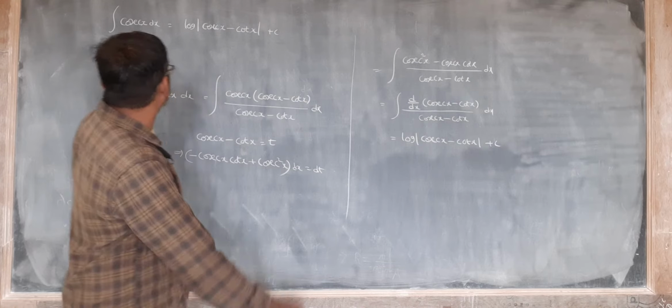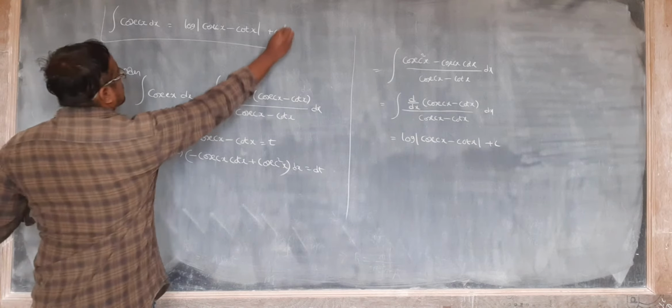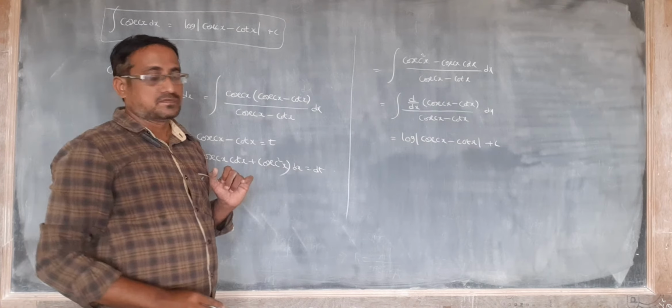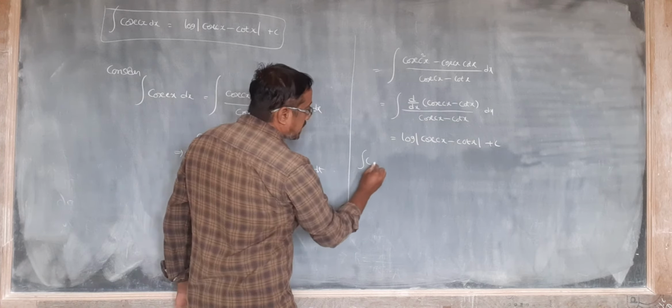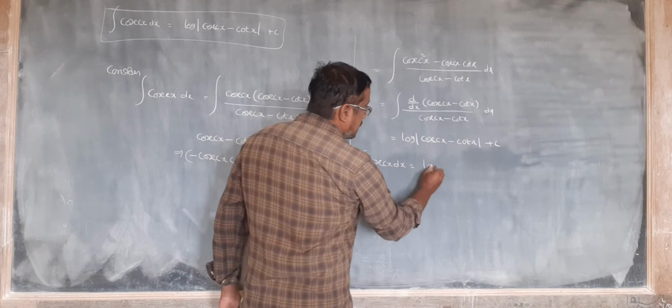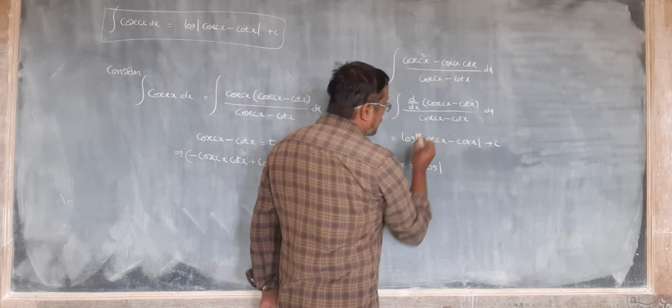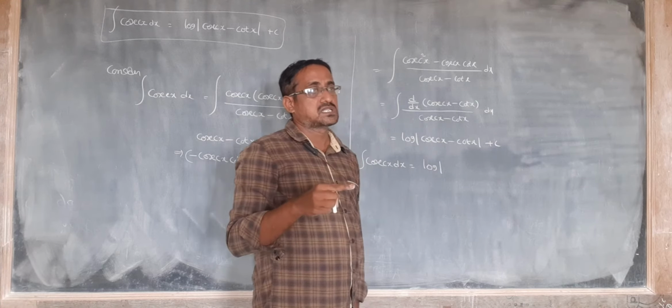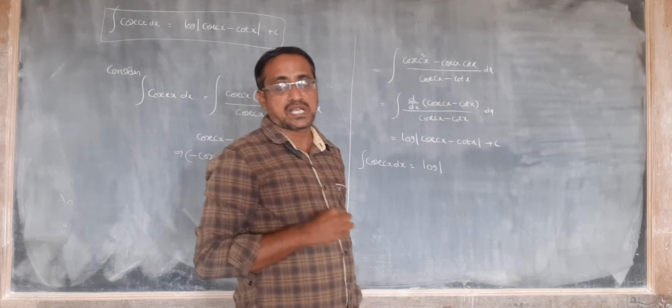Now you have this result. You can write this in another form also. Now let us consider integral cosecant x dx. That is log mod cosecant x minus cot x. Now cosecant x is 1 by sin x. Cot x is cos x by sin x.